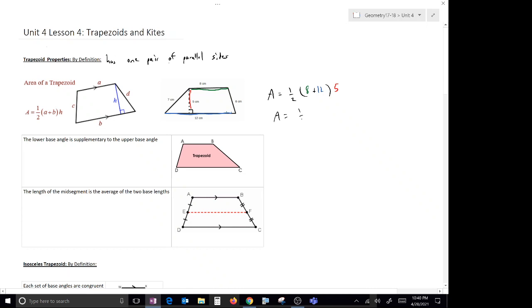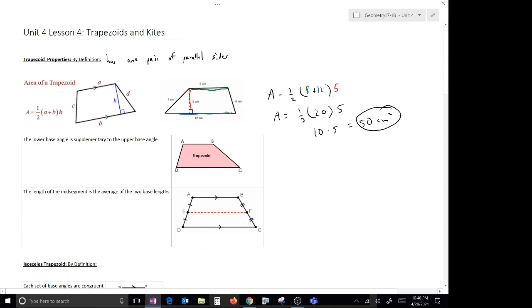So if we work this out, 1/2, 8 plus 12 is 20, times 5, half of 20 is 10, times 5 is going to equal 50, and our units are going to be centimeters squared.